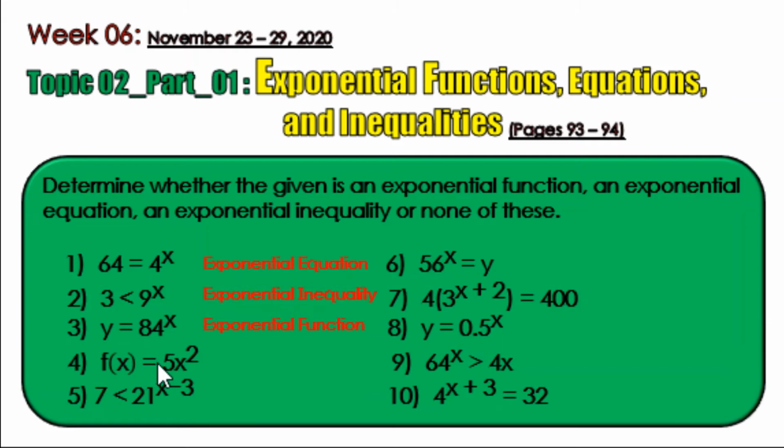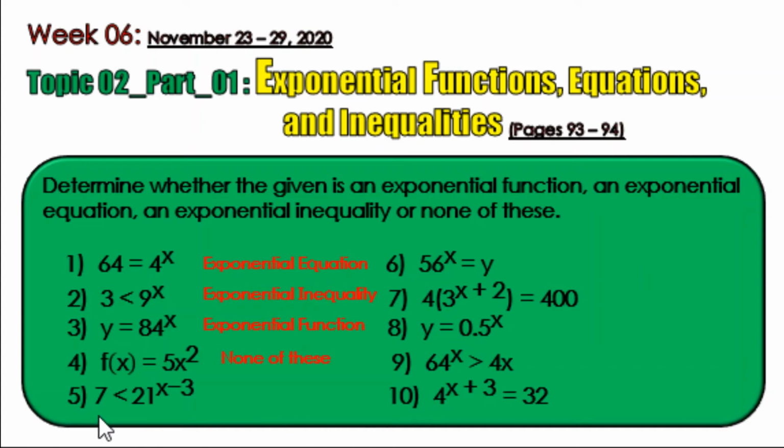This is not an exponential expression. This is a polynomial. Okay? Particularly a quadratic. Okay? So it is a polynomial of second degree. Okay? So therefore, none of this. So it couldn't be exponential function, exponential equation, and exponential inequality.